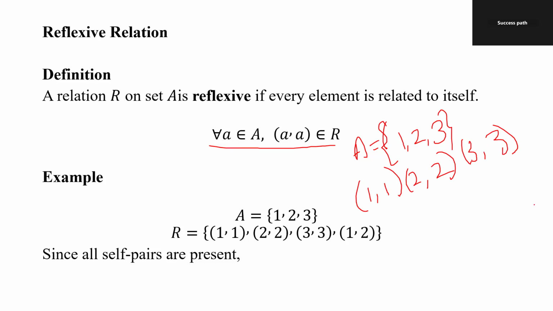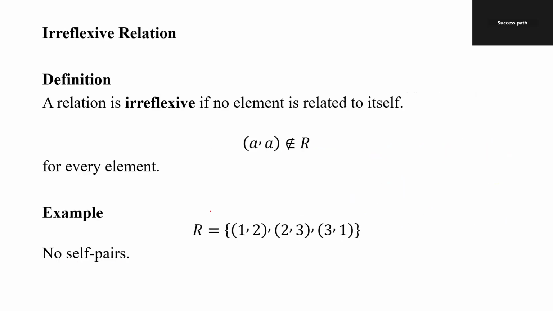This is called a reflexive relation. Suppose the relation given has only (1, 1) and (3, 3), and (2, 2) is not there, then this is not reflexive because (2, 2) must be there.